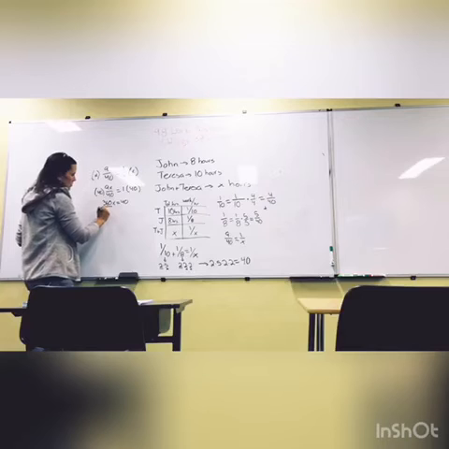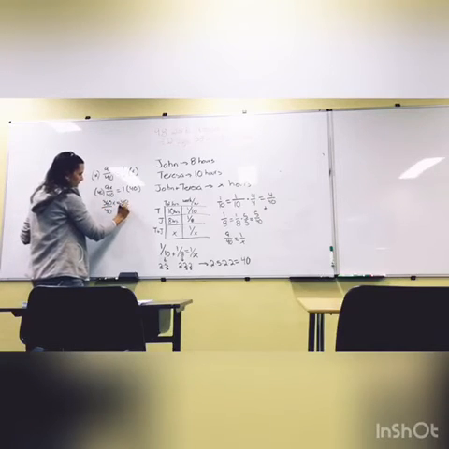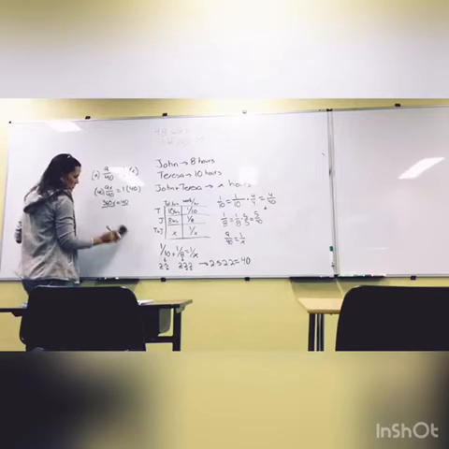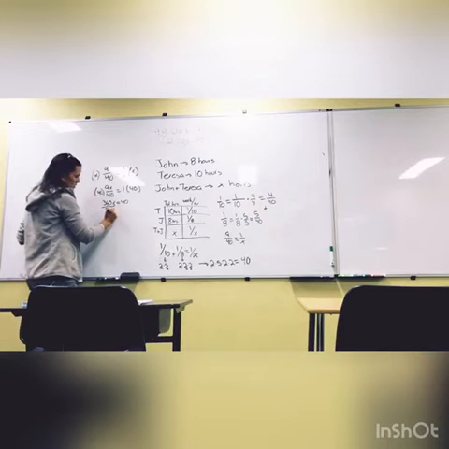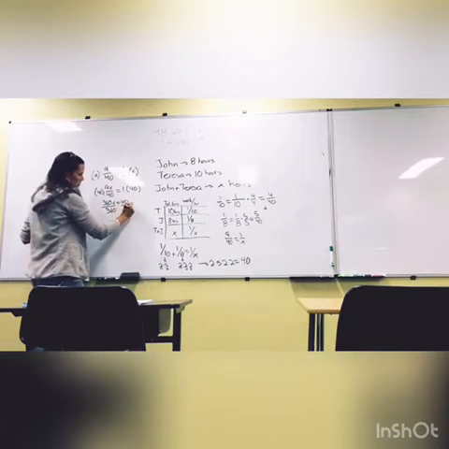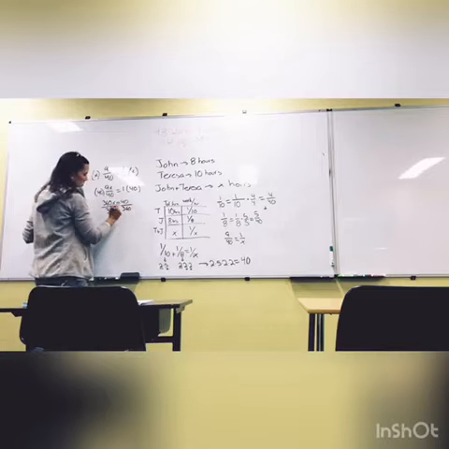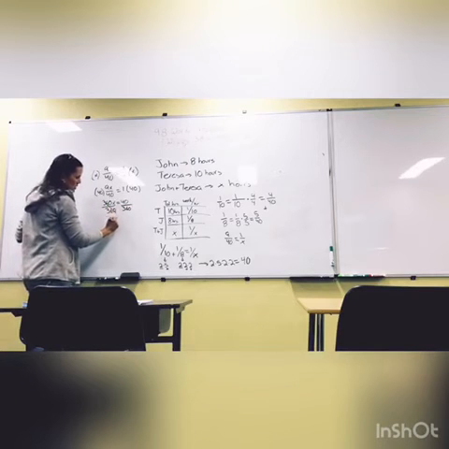Now what do I do? Sorry, divide by 360. Now I want to leave the x by itself. So I want to divide both sides by 360. Those cancel out, you get x.